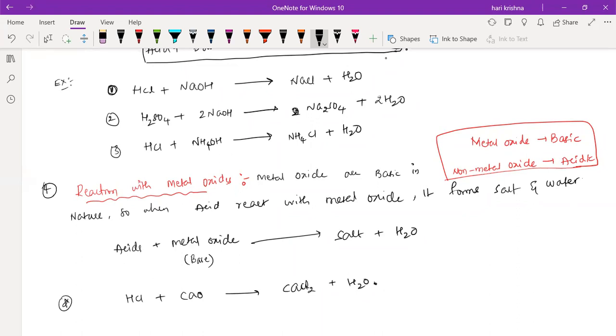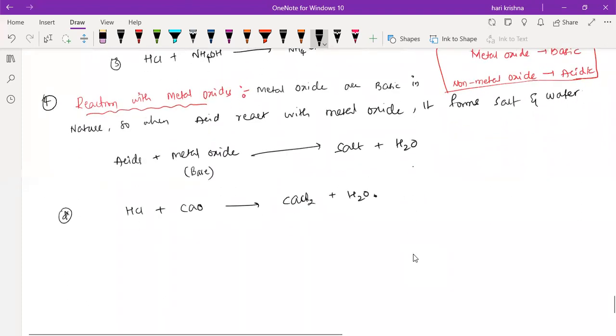Next, any other examples? Anyone, any other examples?